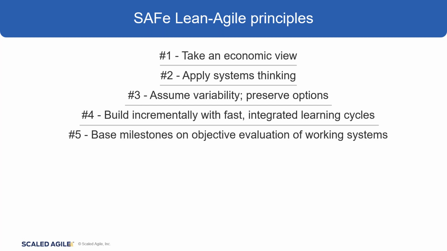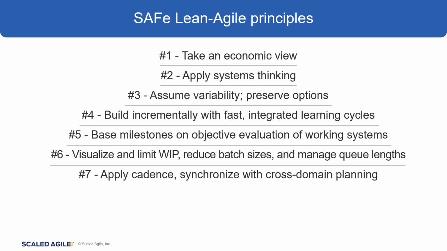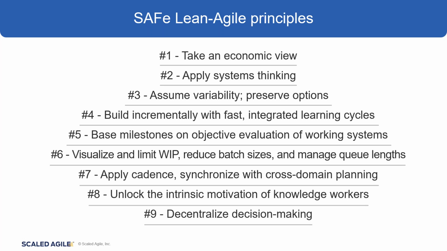Base milestones on objective evaluation of working systems. Visualize and limit WIP, which stands for work in process. Reduce the batch sizes and manage queue lengths. Apply cadence and synchronization with cross-domain planning. Unlock the intrinsic motivation of knowledge workers.